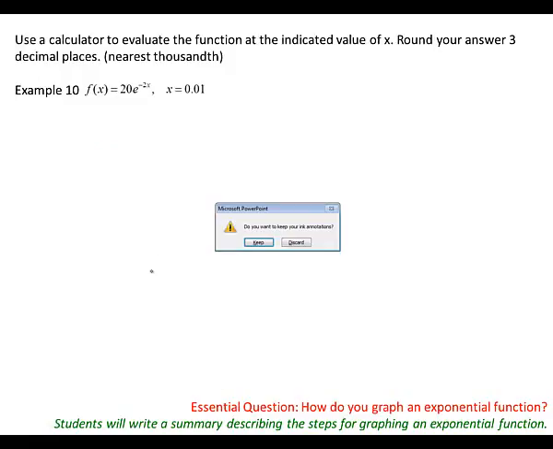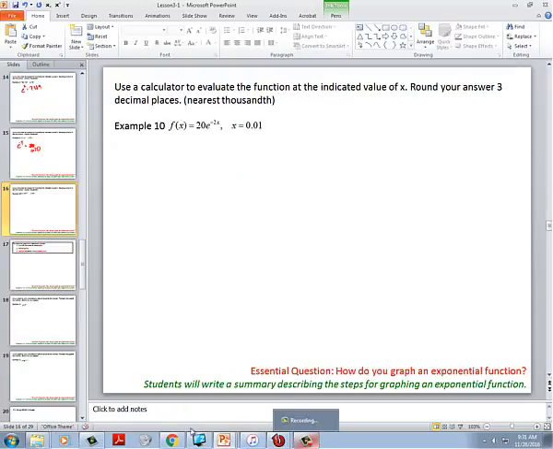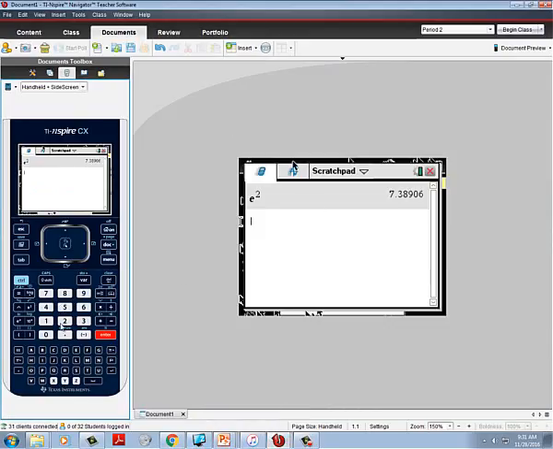That one's a little bit different, right? I'll do that one with you. So we've got to do 20 first. You can use the calculator to do all of the work for us. So we're going to type in 20, and then we're going to do E, and then it was a -2, wasn't it? So -2, and then hit your times key, and 0.01. So 19.604.